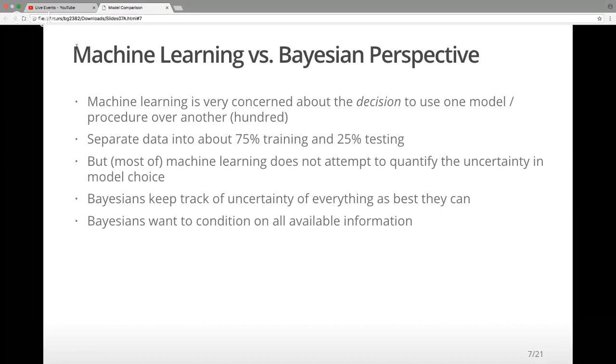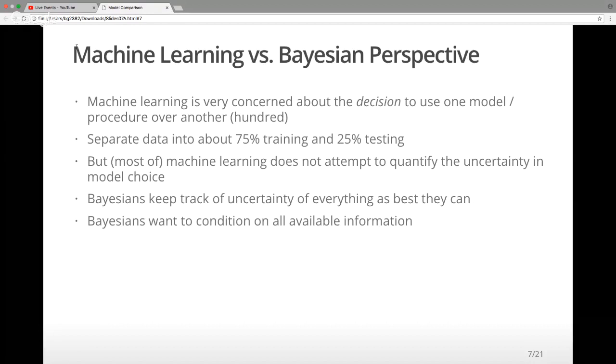But this problem can be mostly avoided in the first place by not using optimization as your estimation technique, by using sampling from the posterior distribution as your estimation technique, in which case you're not getting just the best posterior mode set of numbers and using that for all your predictions.